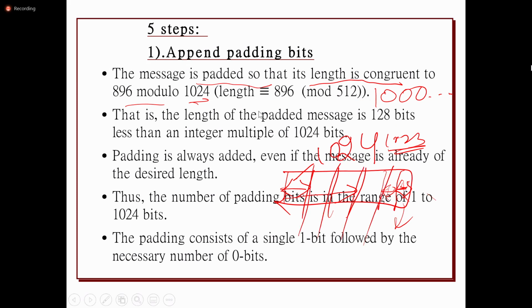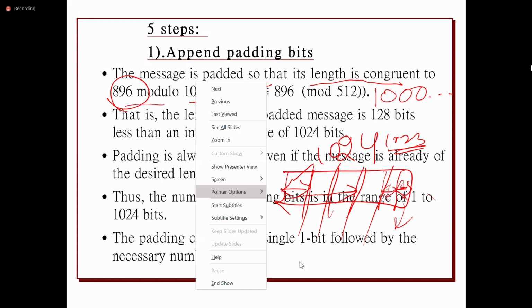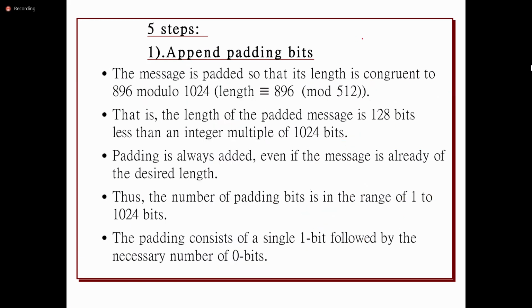While it is going to divide, it is going to specify that the message size is 896 modulo 1024, because it is going to add the length of the message. So here the maximum length of the message which will be considered in SHA-512 is 2 power 1024.